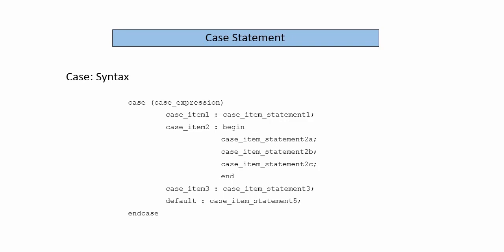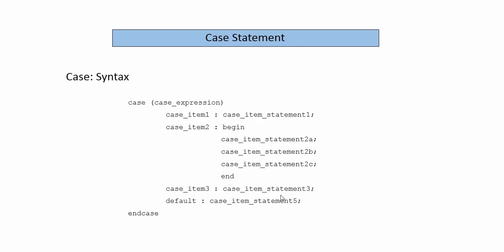In a case statement, we should have case and a case expression. What condition are we going to check on? We check the expression value: when the case expression value is case item 1, it will do that operation. When the value of the case expression is case item 2, then it will do another statement.